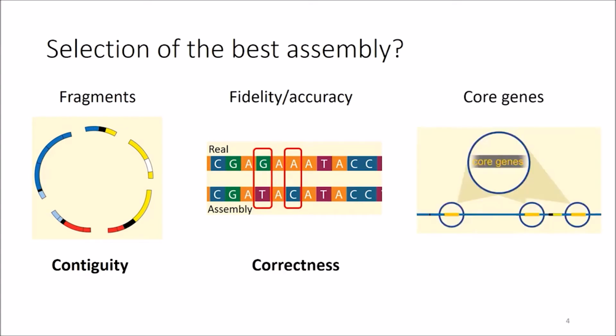And when you have the assembly, you can also evaluate the ability of the assembler to reveal core genes, expected genes that you must have in the genome, and we can refer to this as completeness. So recently we proposed an integrative evaluation of the assemblies using the 3C criterion, using different metrics related to contiguity, correctness, and completeness.